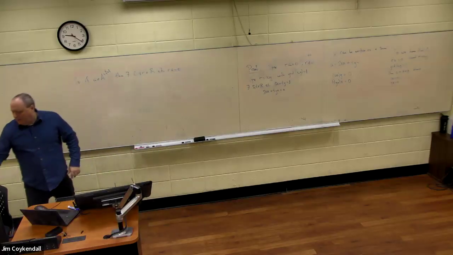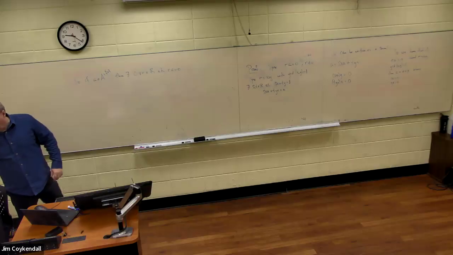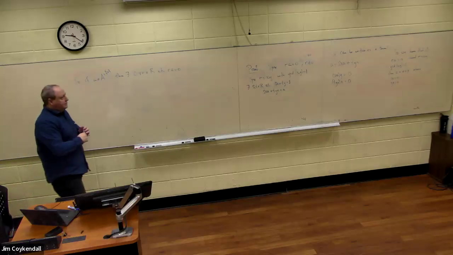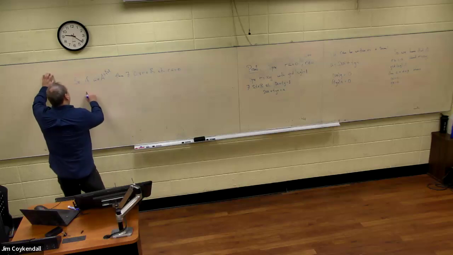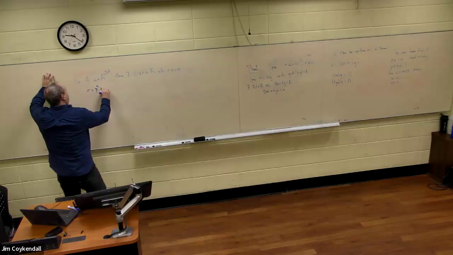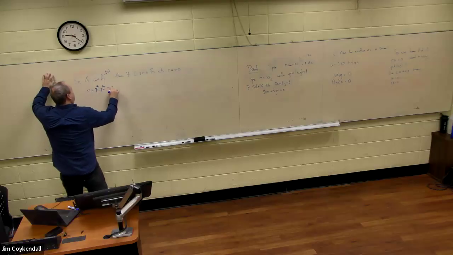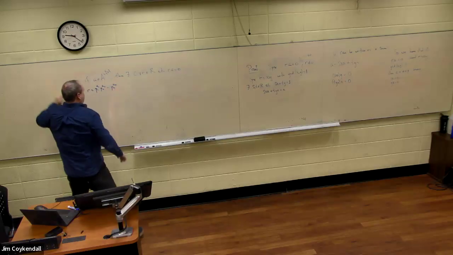Now I'm going to go back again to the UFD part. R is equal to P1^A1, P2^A2, up to PK^AK.